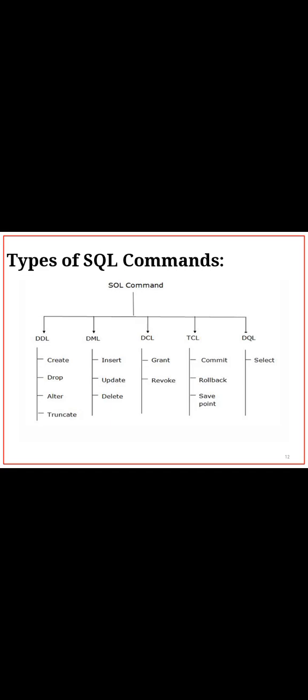Next DCL, we can perform grant and revoke operations. Then TCL, we can do commit, rollback and savepoint operations. In DQL, we use the select statement.